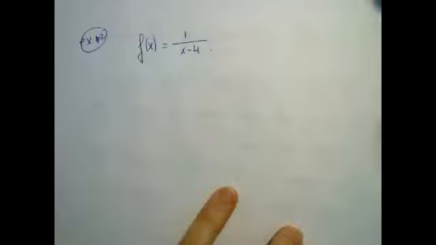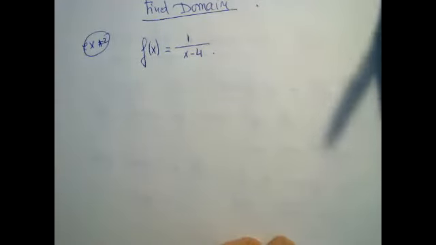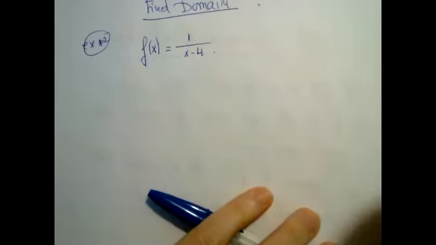It doesn't yield nonsense. That's really the domain. So the question is, find the domain. Okay. Now, anybody has any recollection? What's the domain of this function? It means what are the allowable values of x that will yield an output?